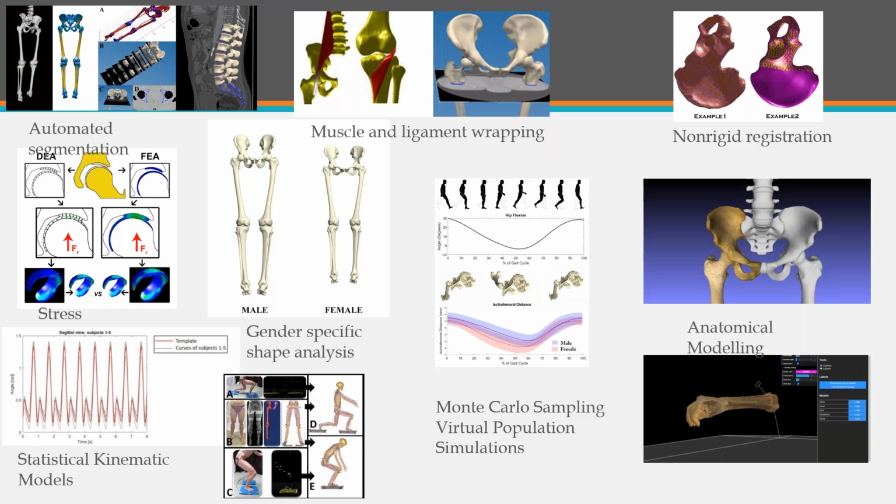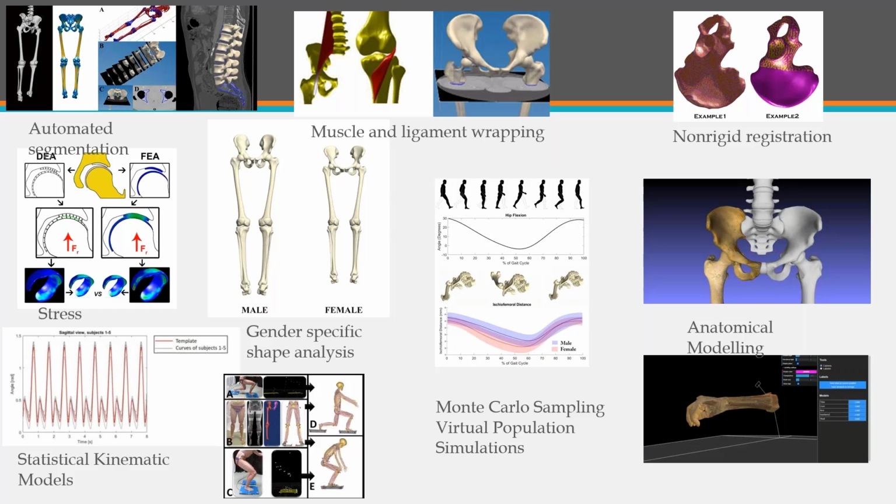This allows us to go quicker through CT scans and get the personalized anatomy of our subjects in a faster and more representative way. We also are including muscles in our models. One of these that we've done is the psoas wrapping to look into impinging and snapping psoas situations.